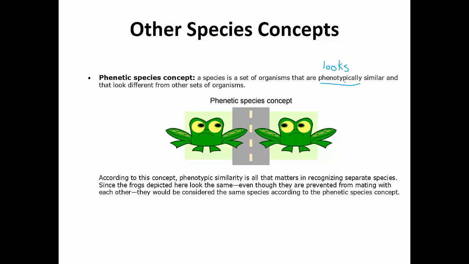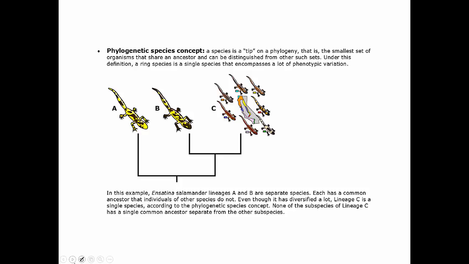Now again, you could see where that could be an issue, like previously when we were talking about the meadowlarks. We also have something called the phylogenetic species concept. A species is at a tip of a phylogeny.